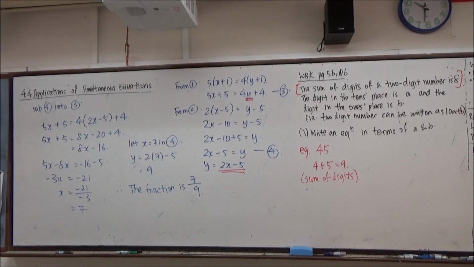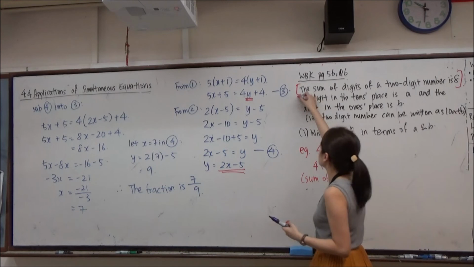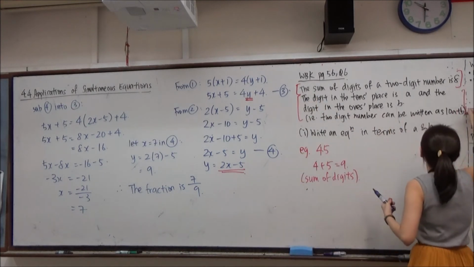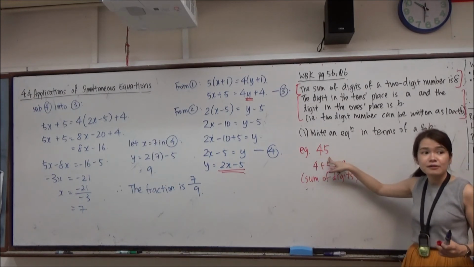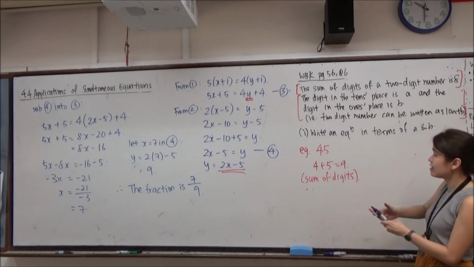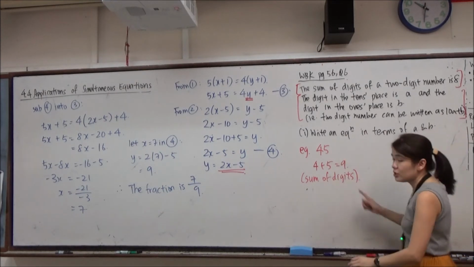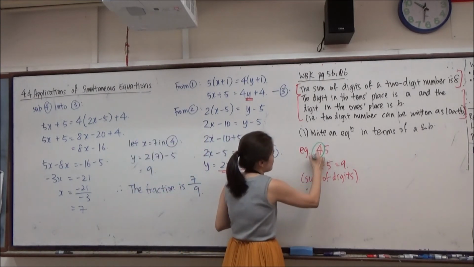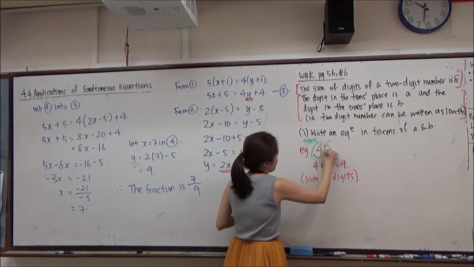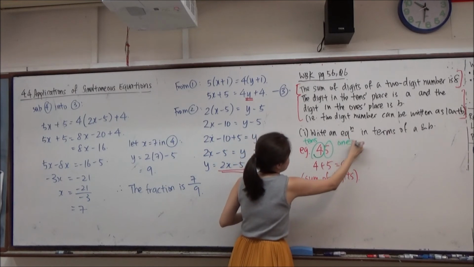Understand? Then looking at the second statement, it says that the digit in the tens place is A and the digit in the ones place is B. So for 45, the digit in the tens place is 4, and this one is in the ones place.